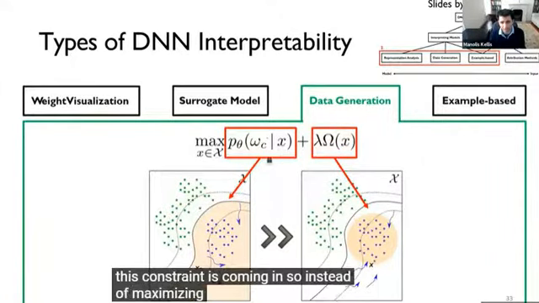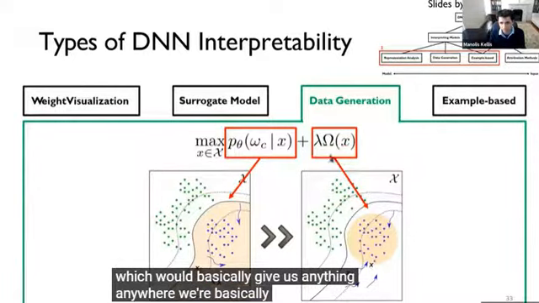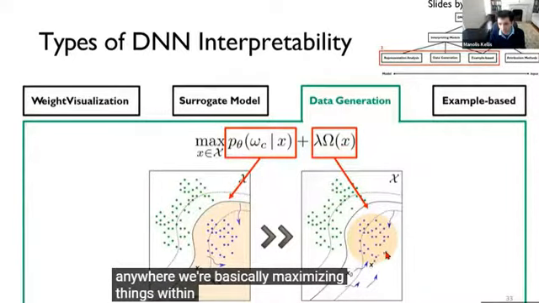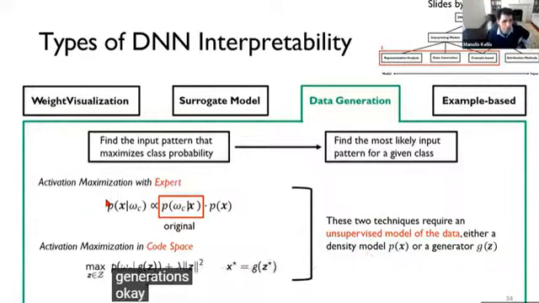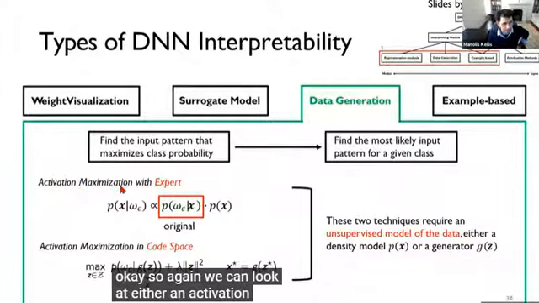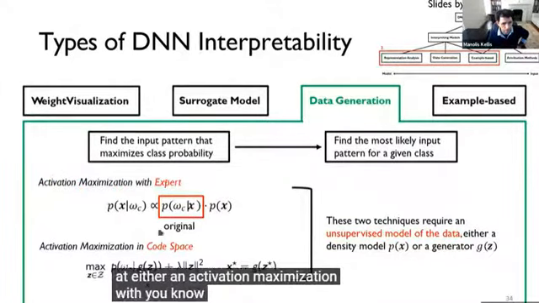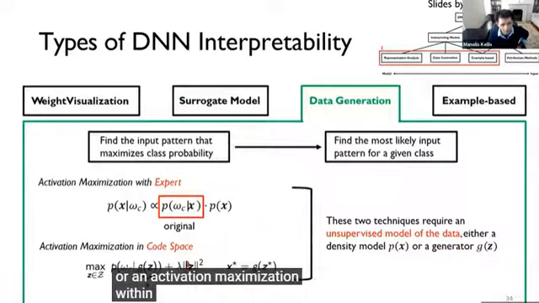Instead of maximizing this alone, which would give us anything anywhere, we're maximizing things within the space of class generations. So we can look at either an activation maximization with some original constraint, or an activation maximization within the space of possible inputs.